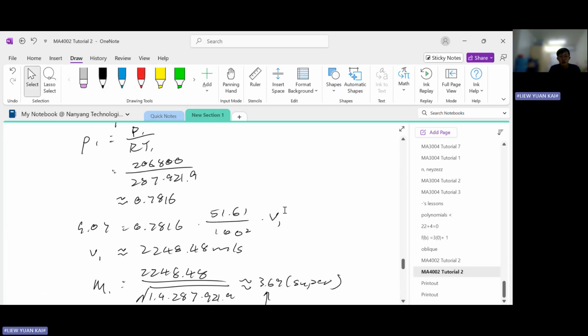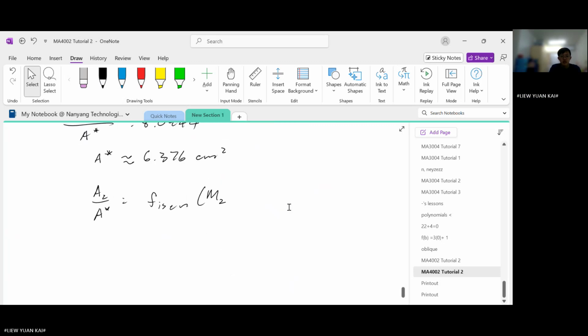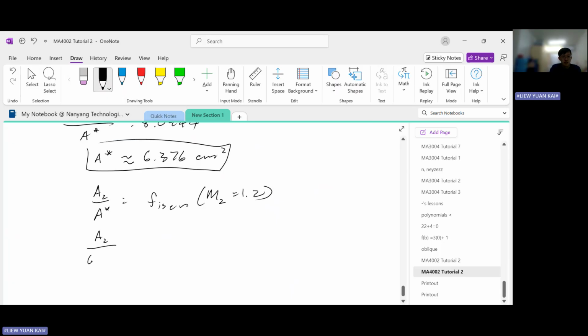We do, I believe it's 1.2. So sub in everything you know. We do not know A2, but we know A star. It's 6.376. Then this you obtain from the table, and you need to look for when the Mach number is 1.2.